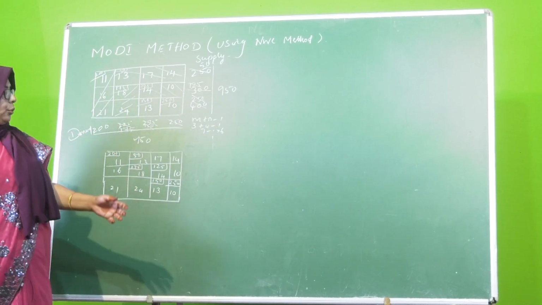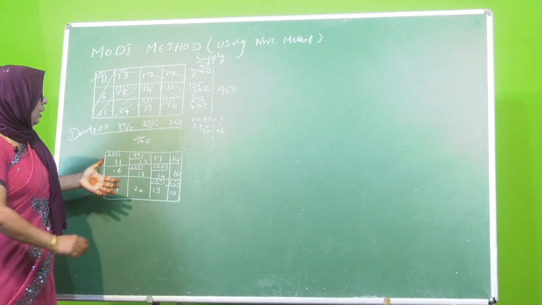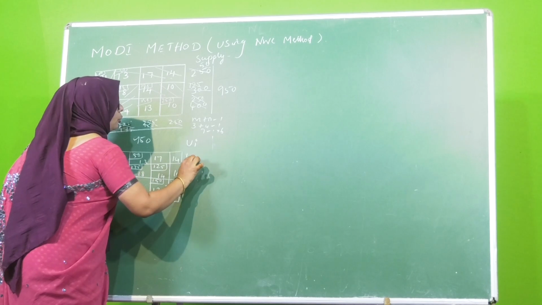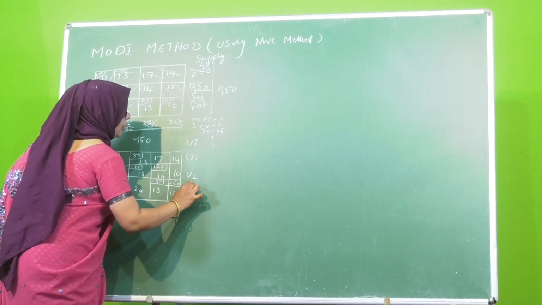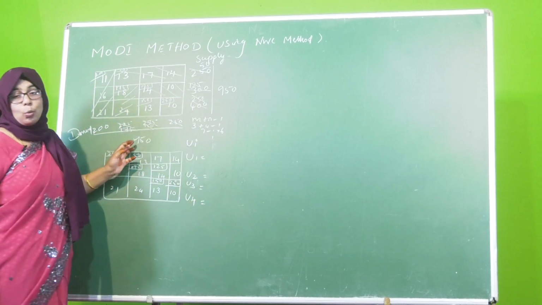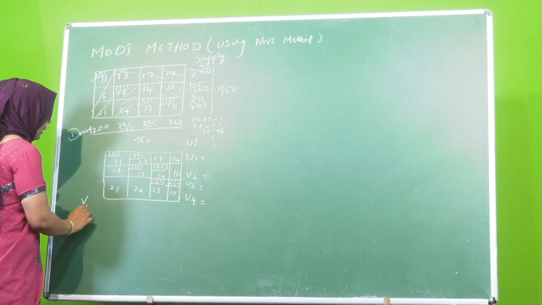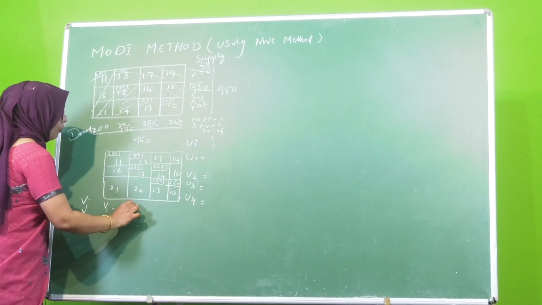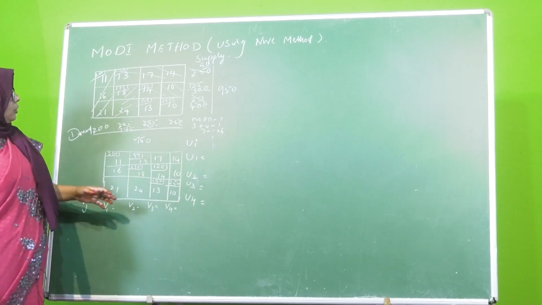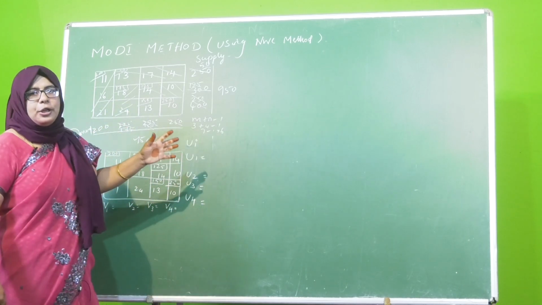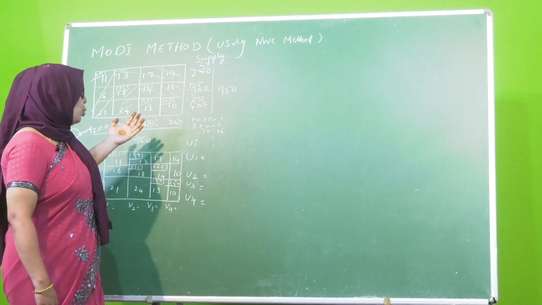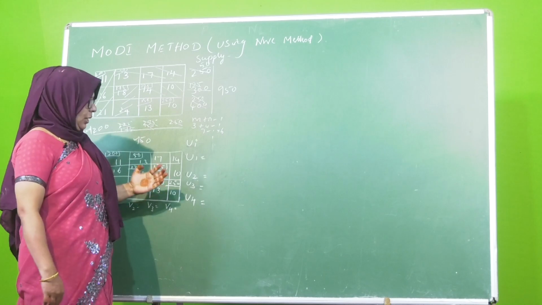Now we have to find Ui, that is U1, U2, U3 and U4, and Vj, that is V1, V2, V3 and V4, using the original allocation.